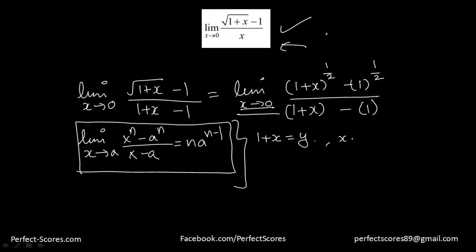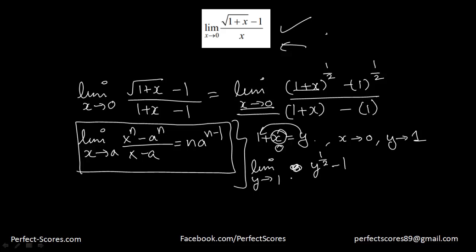Now if x is tending to 0, then y will tend to 1, because if this is supposed to be 0, this is supposed to be 1. That means the limit as y tends to 1 of y raised to the power 1 by 2 minus 1 raised to the power 1 by 2, divided by y minus 1.